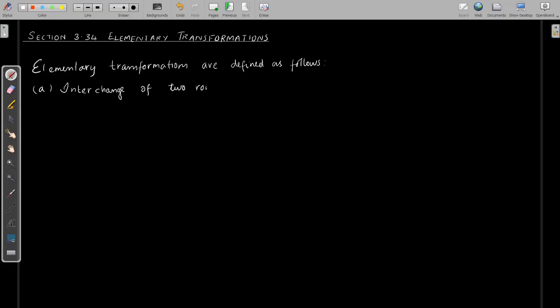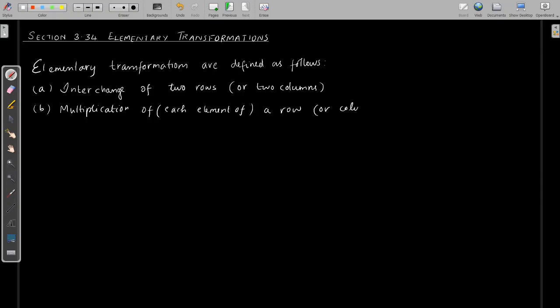Second, we have multiplication of a row by a non-zero number k. That means you can multiply every element of a row by a number k. You can multiply the column as well. The third operation is addition of k times the elements of a row to the corresponding elements of another row.